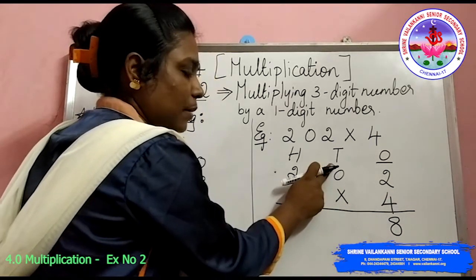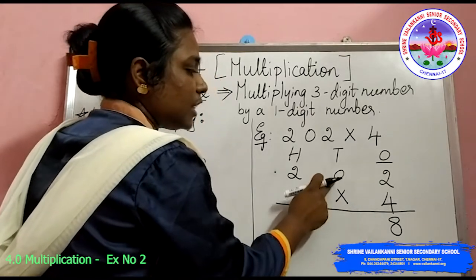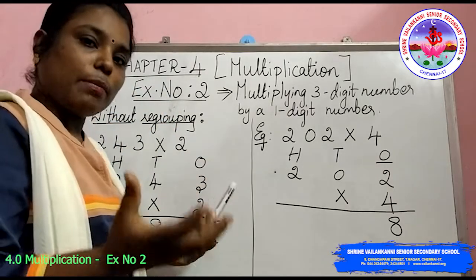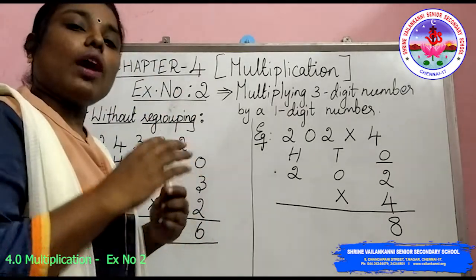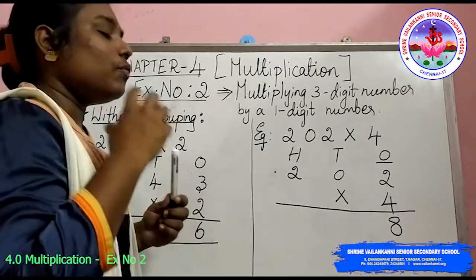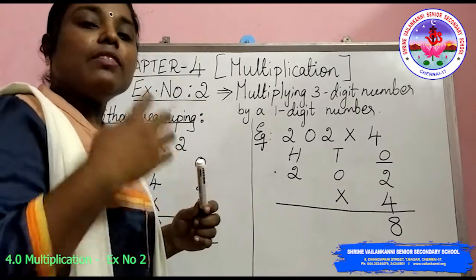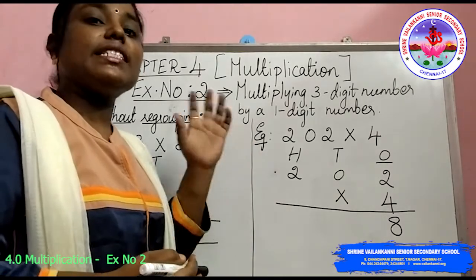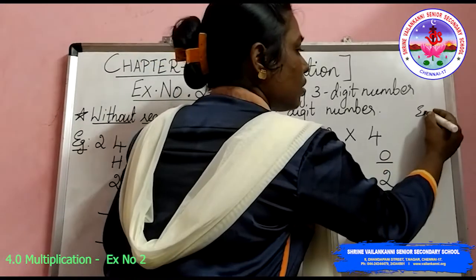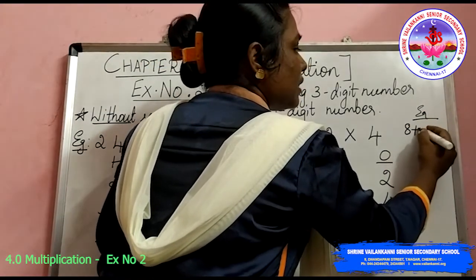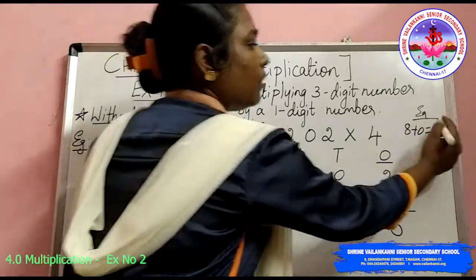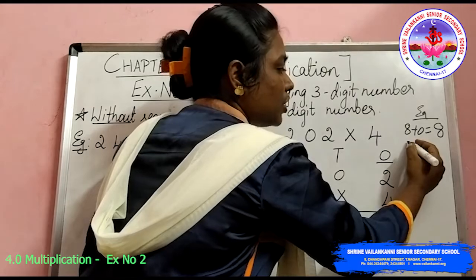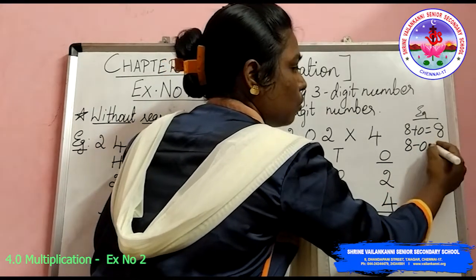Then I am moving to the tens place value. 4 into 0. So what is 4 into 0? Actually, in tables we have not come across 4 zeros are, right? So I am going to tell you one piece of information. Whenever you do addition and subtraction with 0, that is, any number added with 0, you will get the same number. For example, 8 plus 0, what will you get? 8 plus 0 will give 8. When you do subtraction, 8 minus 0, what will you get?